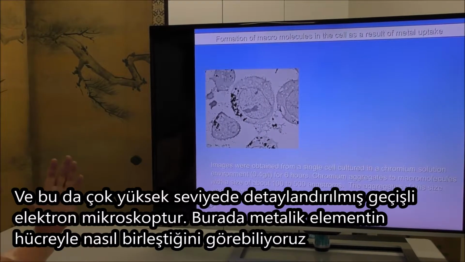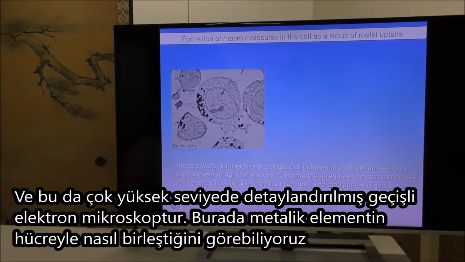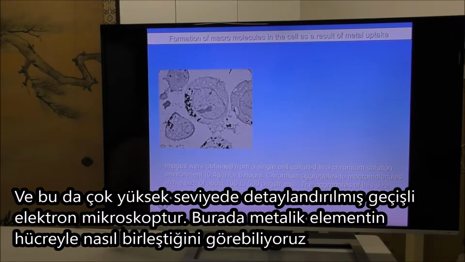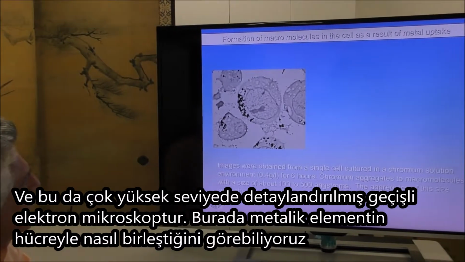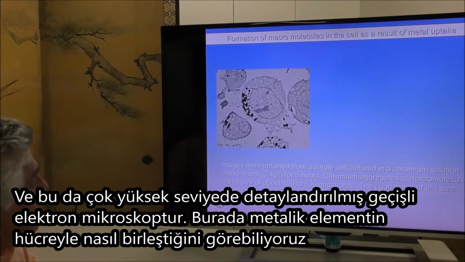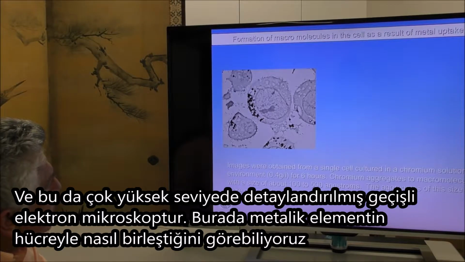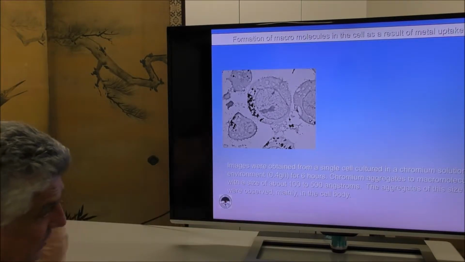And then, for example, this is also a transmission electron microscope image, with a very high level of detail. We can see how the metallic elements are incorporated in the cell.